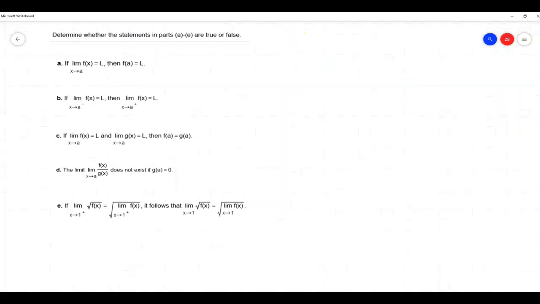So let me use my pen here. We might have something that looks like this, right? We have a curve that comes up here, but right when it gets to that a value there, which we'll call a, and we'll call that our limit value, then it comes around like this, and let's say our actual a value is up here, and that's where our y value is.